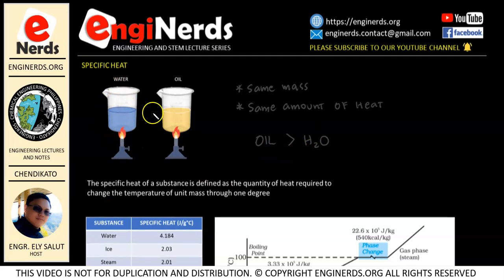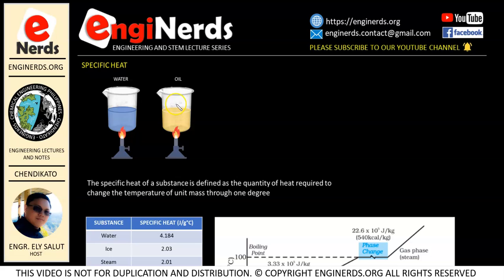Okay, so suppose that we have here 2 beakers. One is containing water and the other one is containing oil. And they both have the same mass, or same amount of water and oil in their specific container. So they have the same mass and they are heated with the same amount of heat.